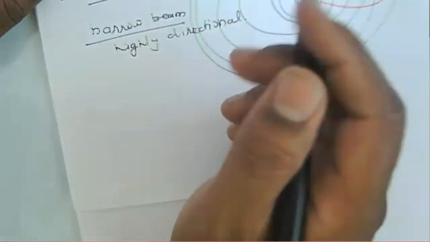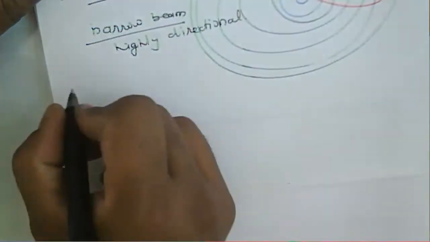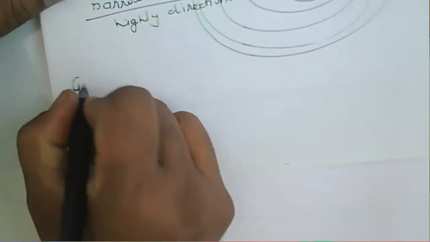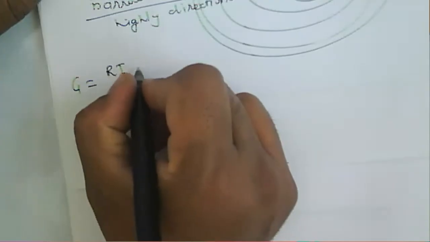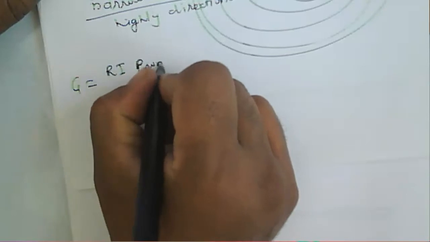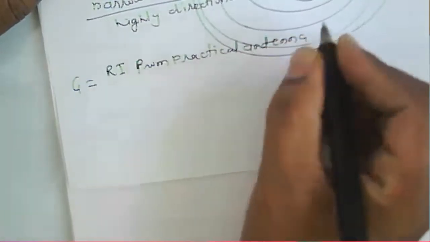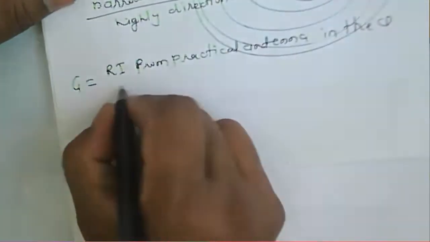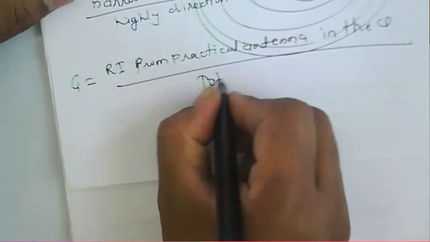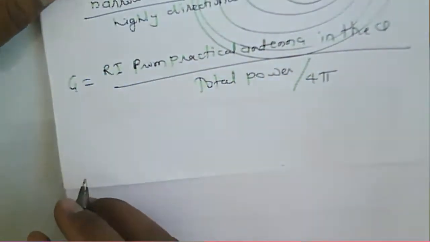We can consider the total power radiated by that antenna, then calculate the radiation intensity in the given direction, and using that we can calculate the gain of the antenna. So gain is nothing but the radiation intensity from a practical antenna in the theta direction, with respect to the total power divided by 4 pi. So we get the gain in the theta direction.